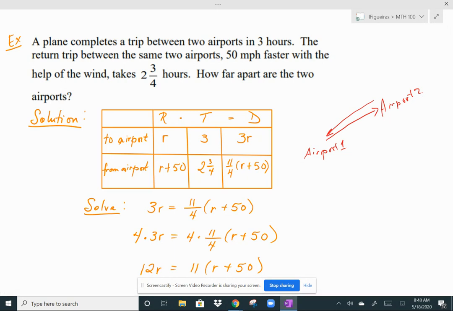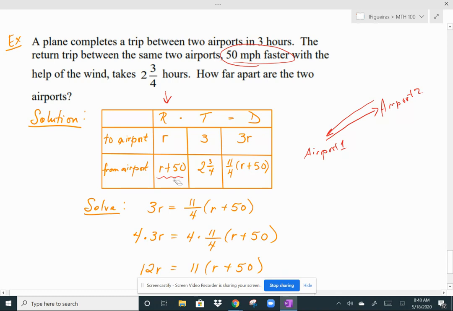It says that the return trip is 50 miles per hour faster, because the wind is pushing it along, so it makes it go faster. I don't know anything about the speed going to the airport, so I'm going to call that one R. But I know that coming back, it's 50 miles per hour faster. So that's what you see here, R plus 50.